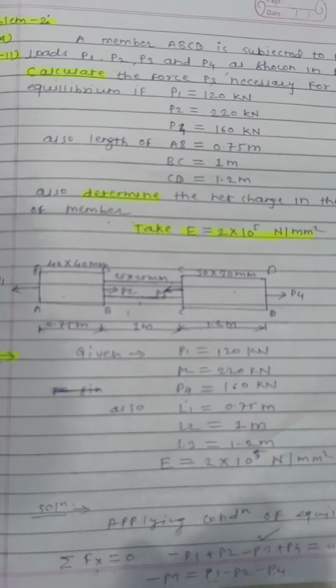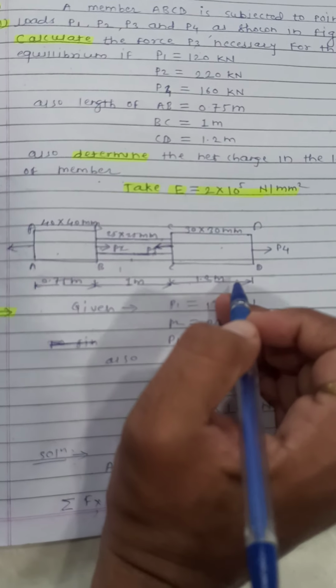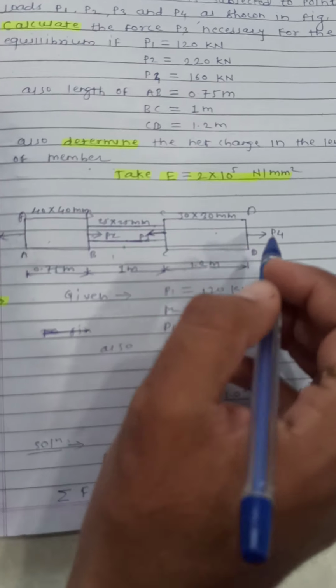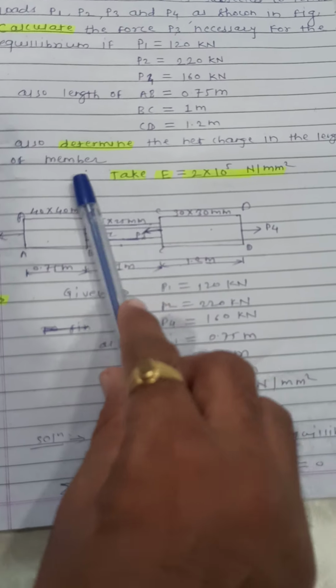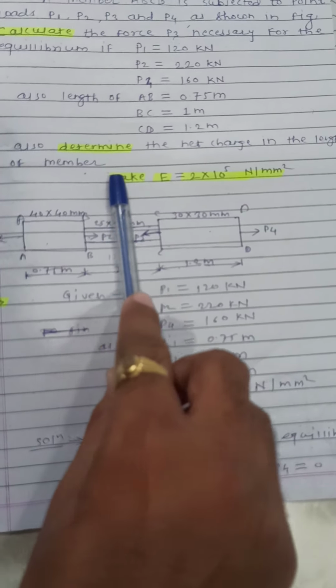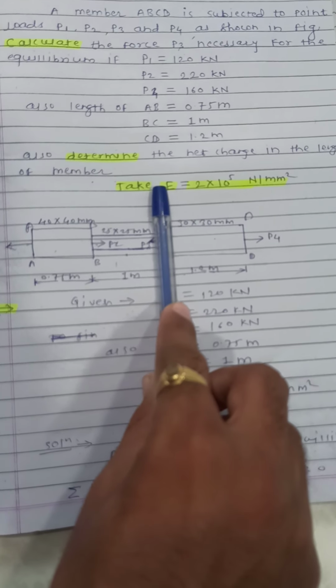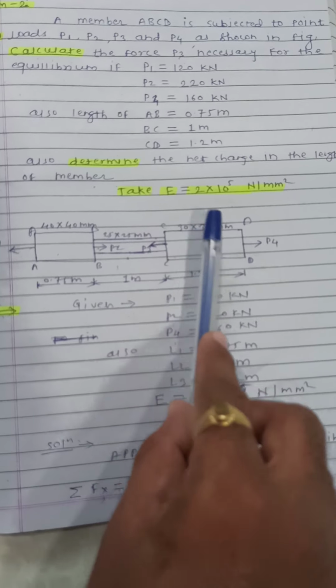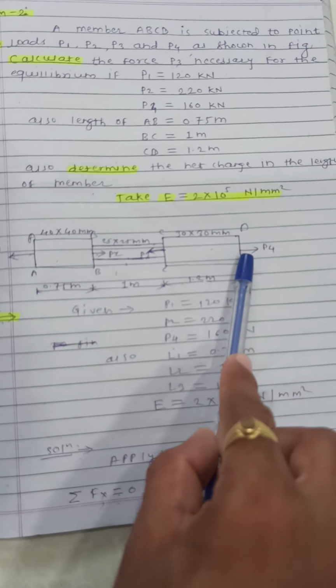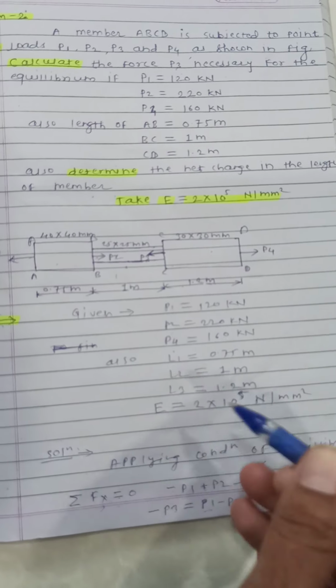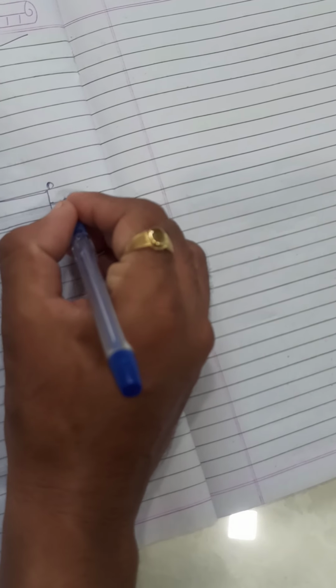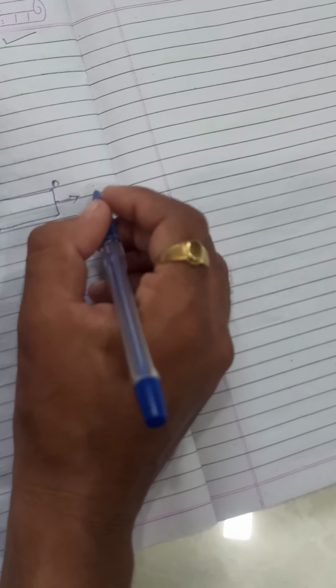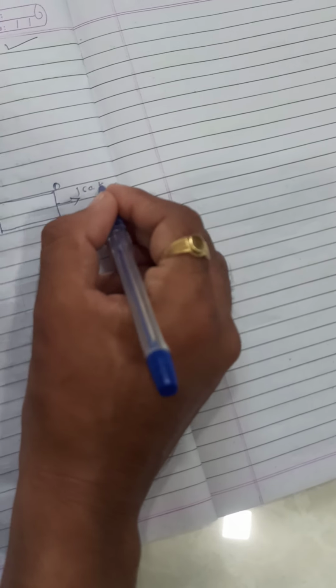You know very well that we are using one trick to draw the force diagram. Put the hand at section C and consider the forces which are acting to the right side from this section. There is only one force, that is P4, which is acting on the tensile side, and the value of P4 is 160 kilonewton.